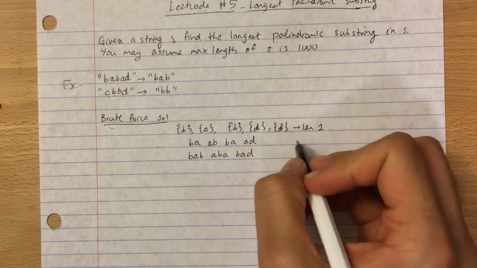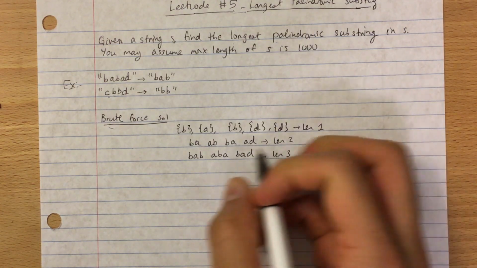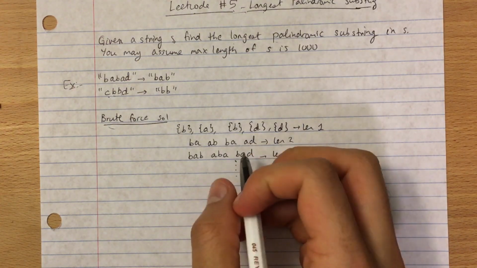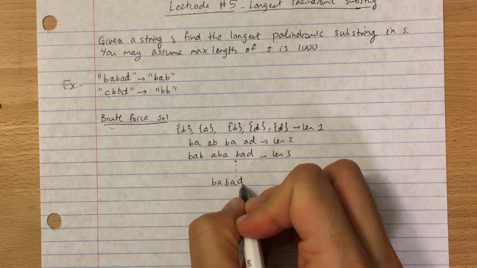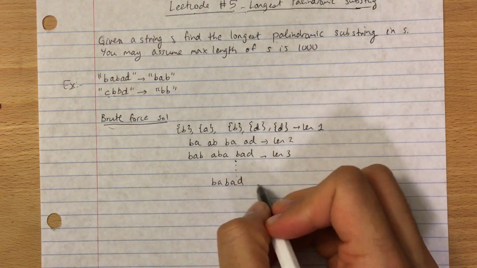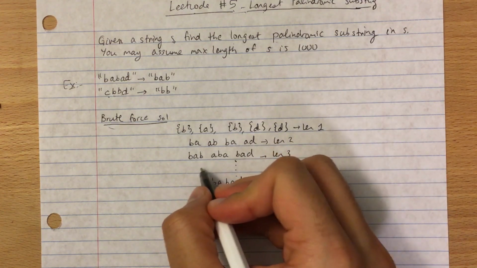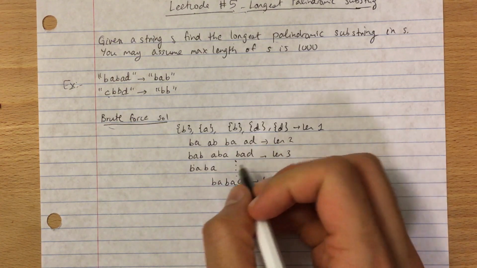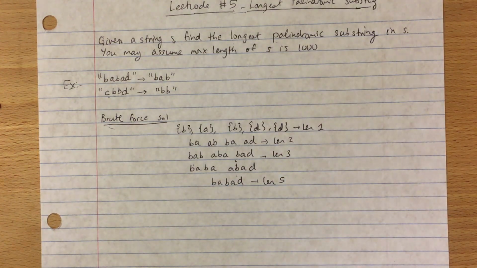You could also do length 4 and so on, until you end up with the max. The entire string would be of length 5. I'll do length 4 also, just in case: BABA and ABAD.